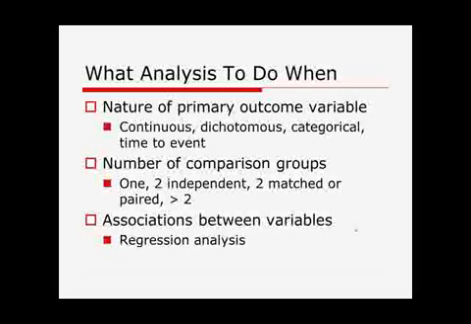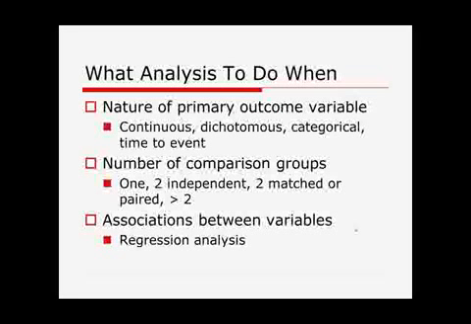The next thing that you have to think about is, how many groups do I have? Do I just have one group? Do I have two independent? And what I mean by independent here is two physically separate groups, or do I have two matched or paired groups? I will explain that to you in just a minute. Or are there more than two groups? Remember that example way back, seems like a long time ago now, with the soda?